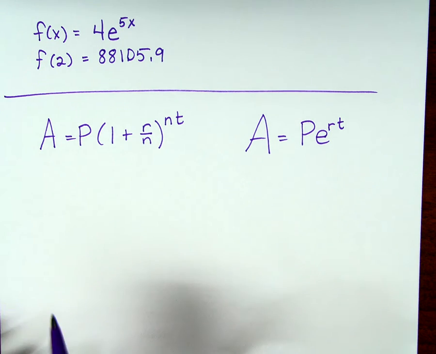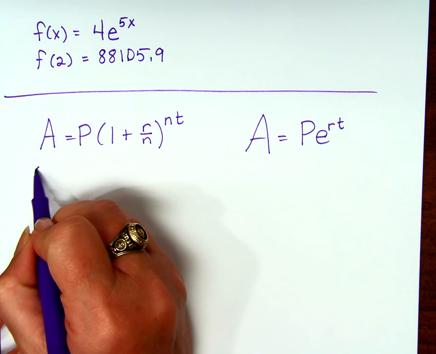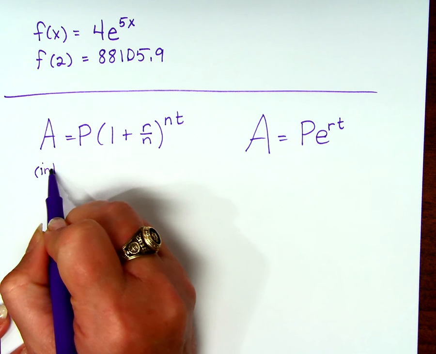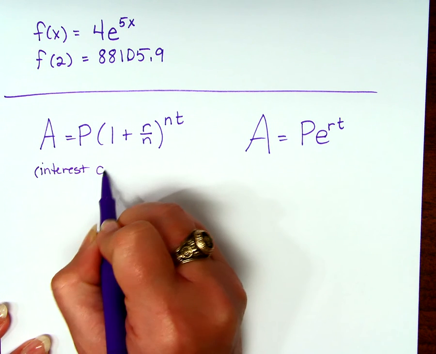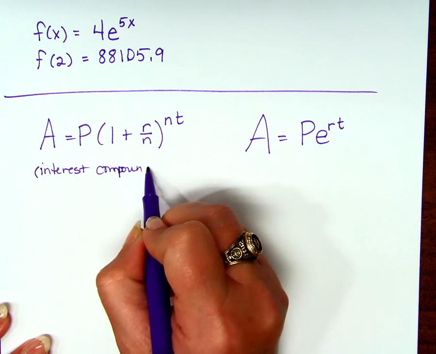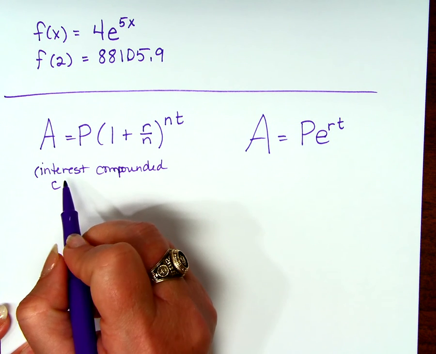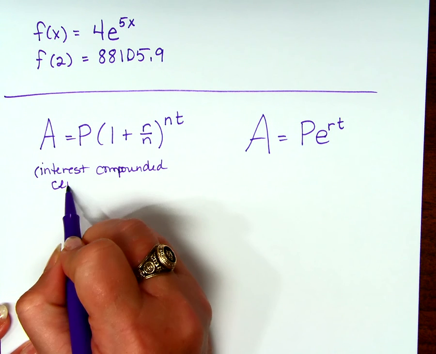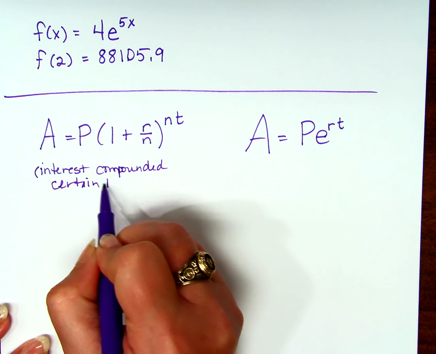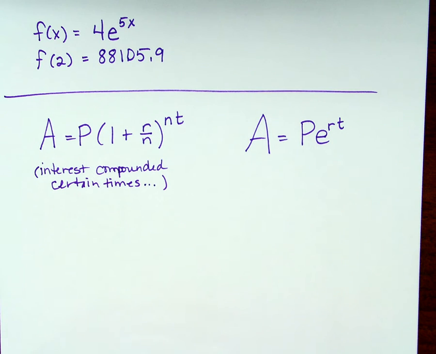Okay. So to be clear, this particular interest formula is when the interest is compounded a certain number of times, and I'm going to put ... because it's not just per month, but it could be per year, it could be per week, it could be per day, things like that.